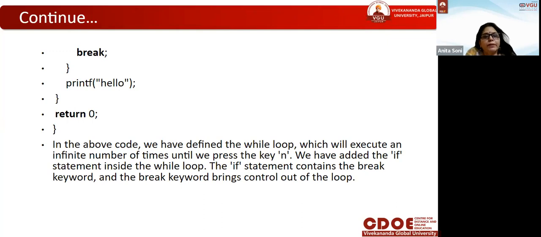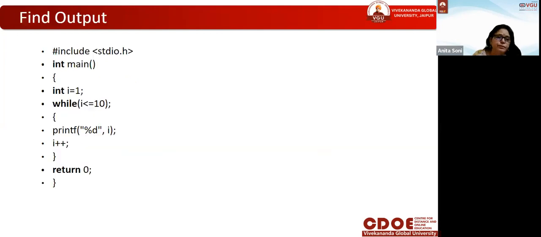In the above code, we have defined a while loop which will execute an infinite number of times until we press the key n. The if statement contains the condition and the break statement will break the loop, and you will come out of the while loop.